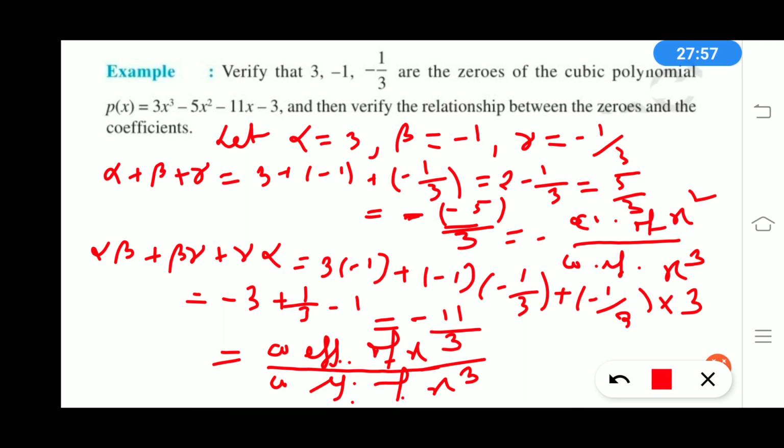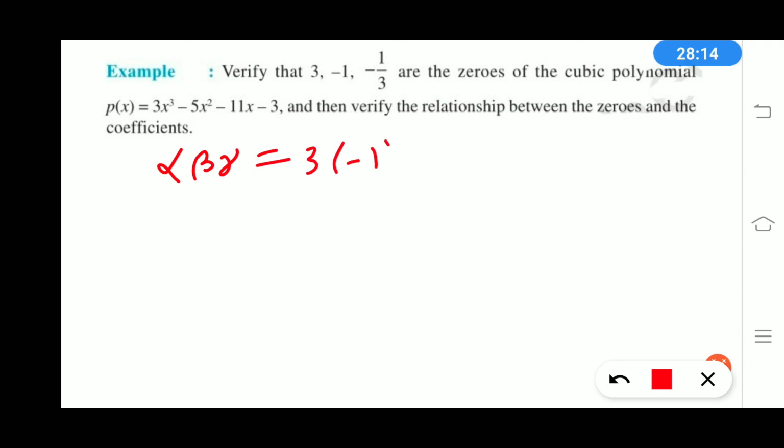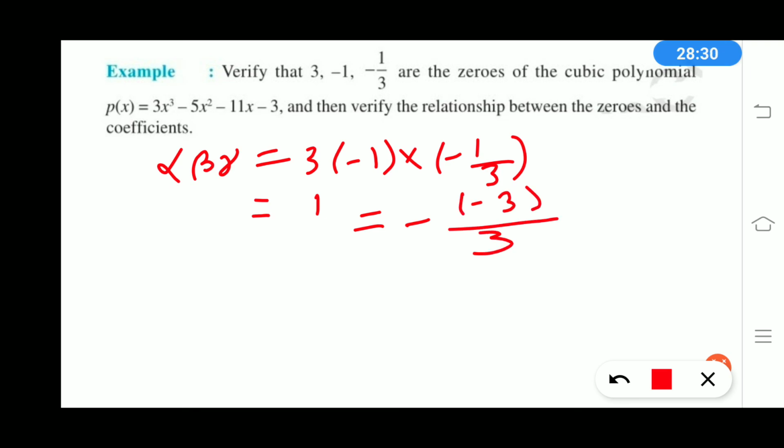Next, the product of the zeros, that means alpha beta gamma. So this equals 3 into minus 1 into minus 1 by 3. Clear? So this equals 1. So 1 can be written as minus of minus 3 divided by 3.